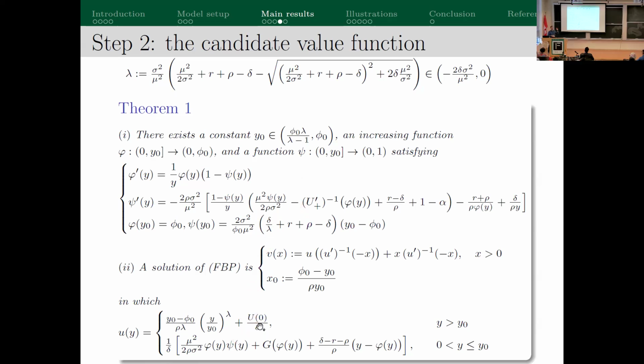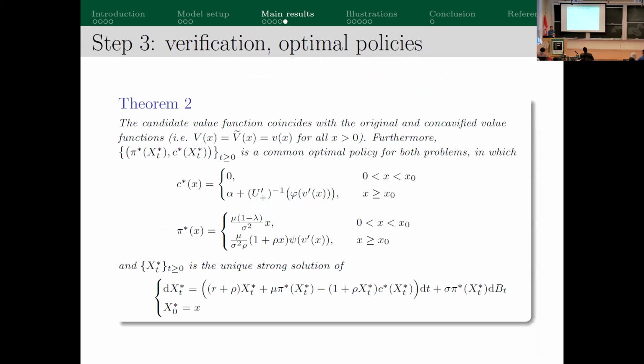So everything is done once you solve the free boundary ODE, which means that you essentially have your candidate value function. And once you've done that, you can verify. In the verification, you get your optimal consumption and pi in terms of the solution of that nonlinear free boundary problem. Everything is there.